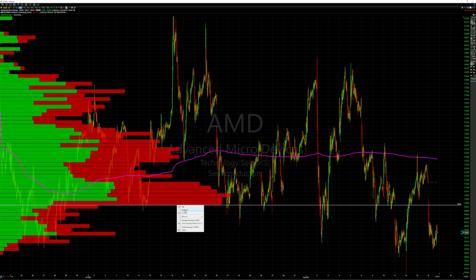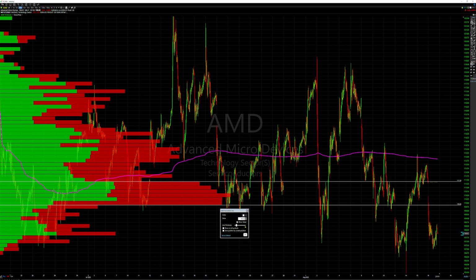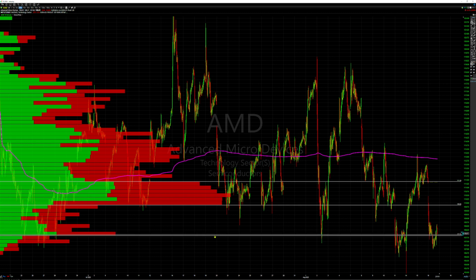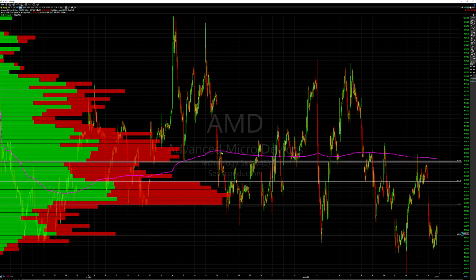You can see the chunk of it really is right here. You've got a little bit, I'll put a little bit right here. You know, you can see that's a little bit less, so I'm going to lighten up the thickness of it just so I know it's a little bit less.